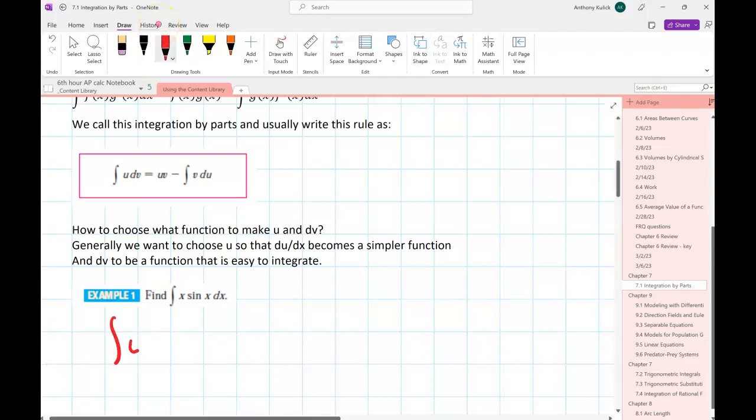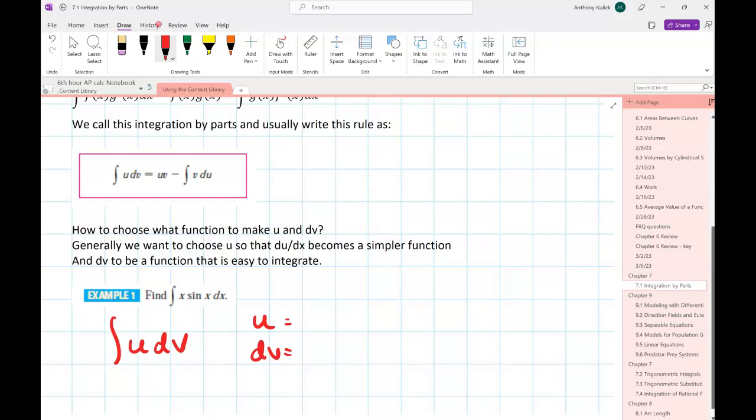So again, we want to do the integral of u dv. That's how we want to think about this. So either u should be x or sine x, and then dv would need to be sine x dx or x dx respectively, right? Everybody's okay with that?